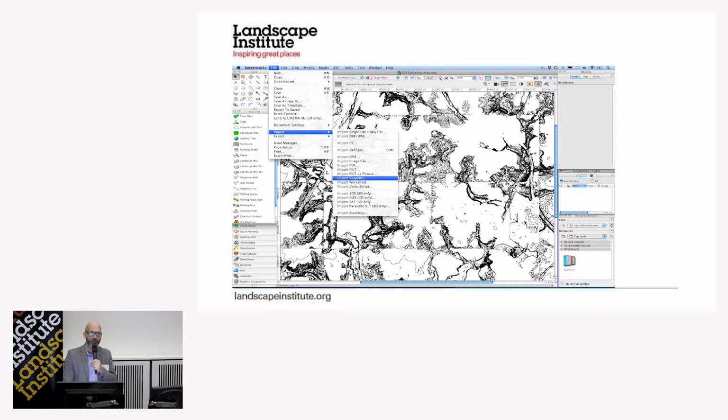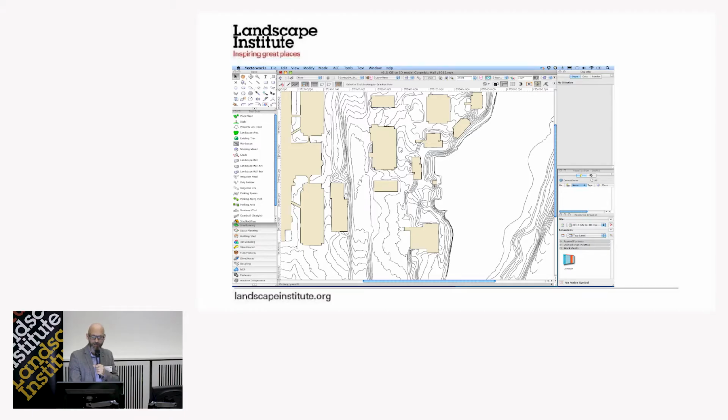And there are common formats that can be shared, and that's a very important theme for us to try and discuss and develop. So here we have the topographical levels and contours being taken through, the building outlines coming from the GIS data and being taken through into the BIM authoring software.